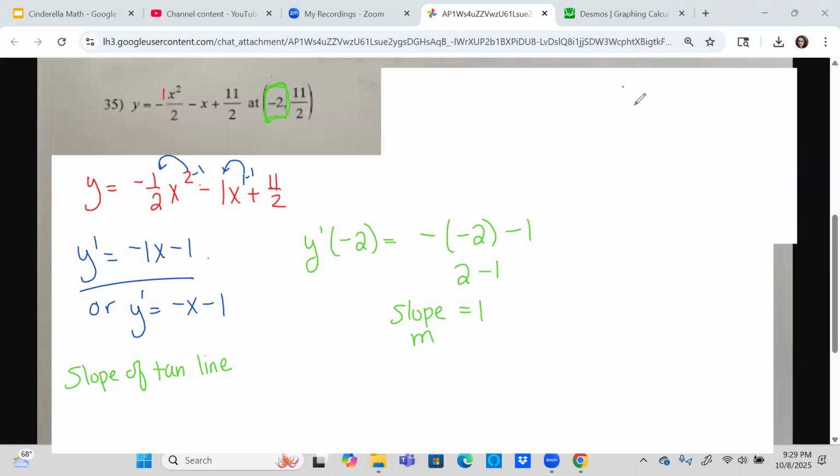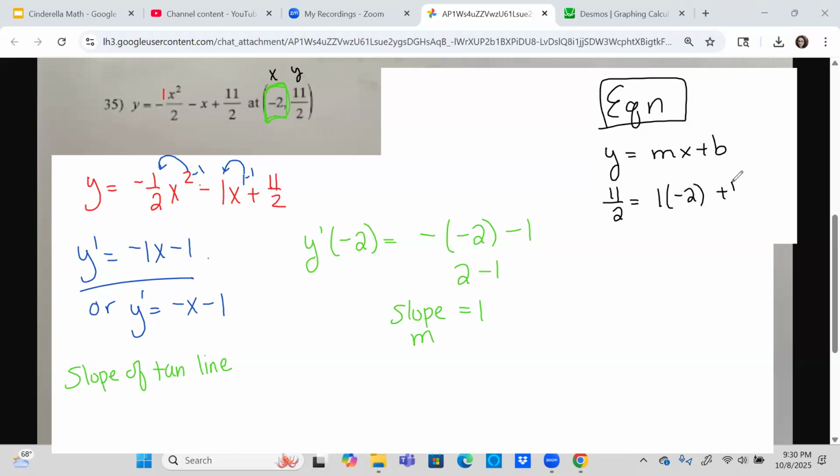We want the equation, and the directions on this paper did say in slope-intercept form. So we're going to say y equals mx plus b. Use the given point. This is x, this is y. So 11/2 equals slope, which is 1, times x, which is negative 2, plus b. So 11/2 is negative 2 plus b.